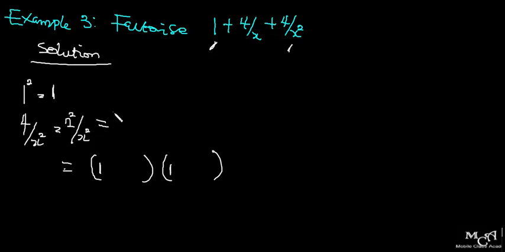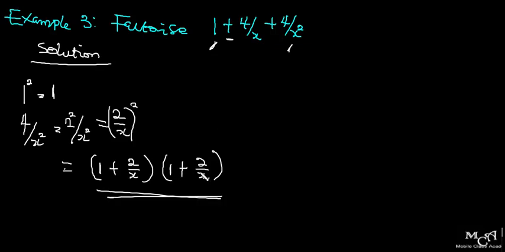Remember, here we have 2 over x in brackets, right? So we are going to have our 2 over x here, 2 over x here. And when we look at this sign, it shows it's positive. So we put positive, positive. This is our answer, and it can be written as bracket 1 plus 2 over x, squared.